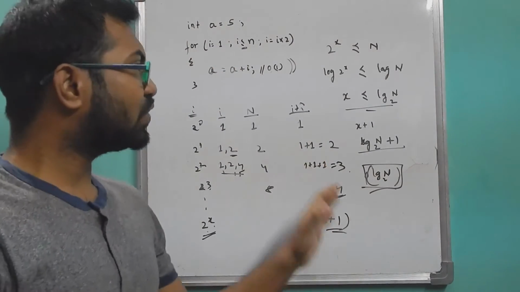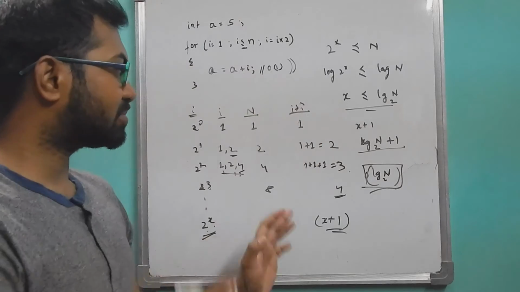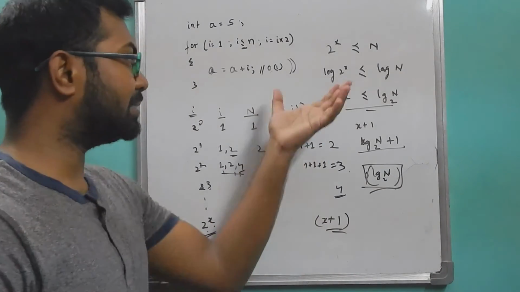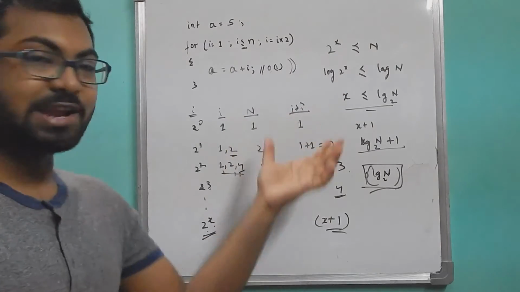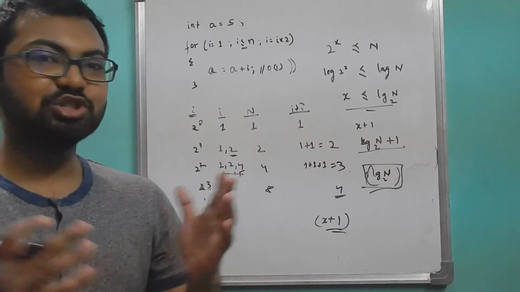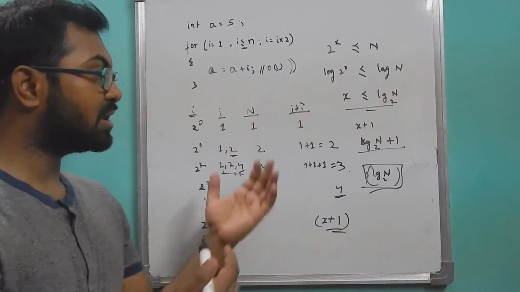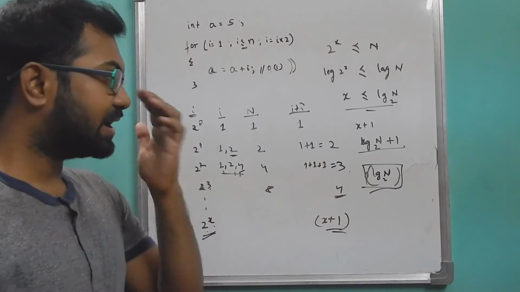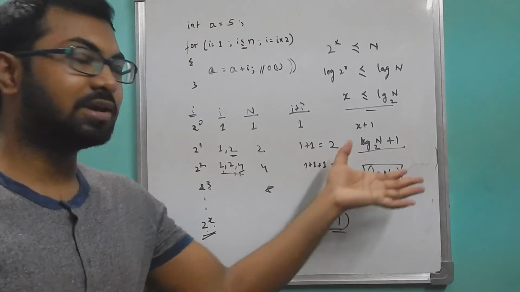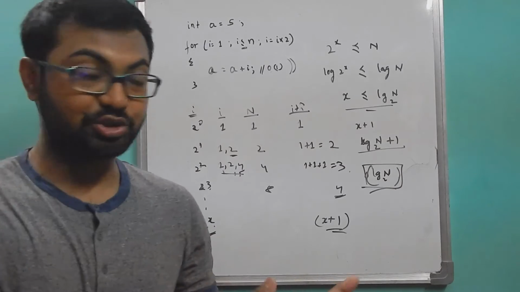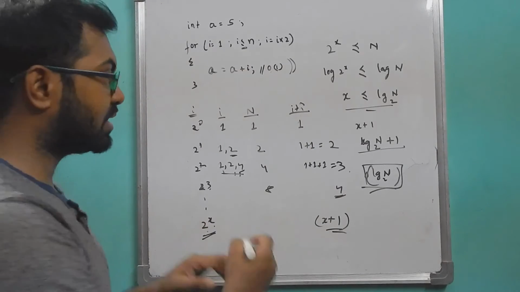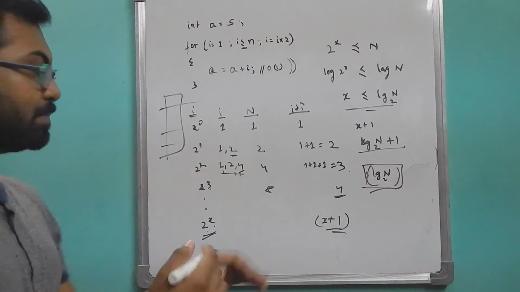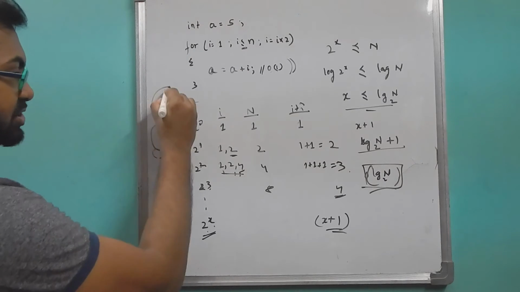Now that's one of the ways to visualize or write it down, but in general, in interviews you're not going to always derive these things, so it's better to visualize these things. If the value of i is jumping from one place to another in a multiplicative fashion, then it's a possibility that it is going to be a log solution. For example, there is a building with multiple floors, and you're jumping from one floor to another in that fashion.